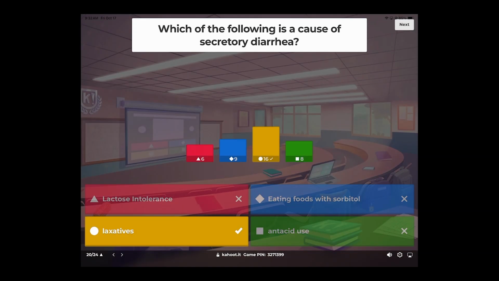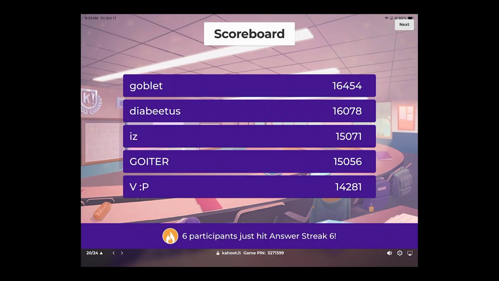First, lactose intolerance. Is it osmotic or secretory? Eating foods with sorbitol. Osmotic. Antacid use. Osmotic, and laxatives is secretory. It allows you to go. That's why we give it to you for colonoscopy prep. That's why I said make sure you have the right magnesium, because one of them will make you go crazy. One of them is good for sleep.